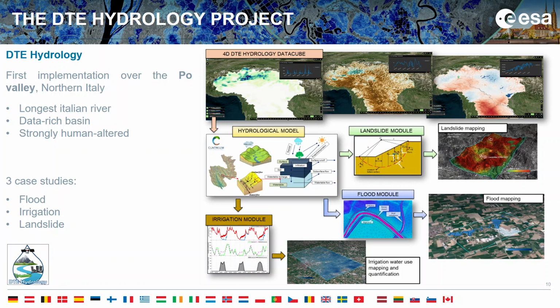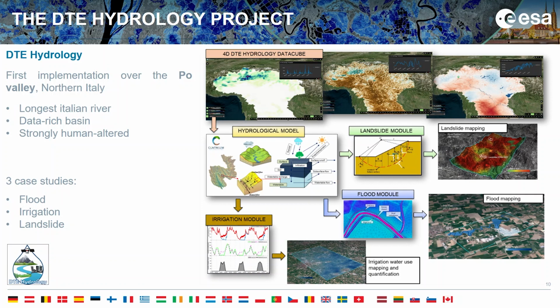When we developed this prototype for the Po Valley, we already had all the components of a digital twin for hydrology. We had our data cube with rainfall, soil moisture, and evapotranspiration, the three maps on the top of the slide. We had the platform, a cloud-based visualization tool. And we also had a hydrological model able to integrate this data.